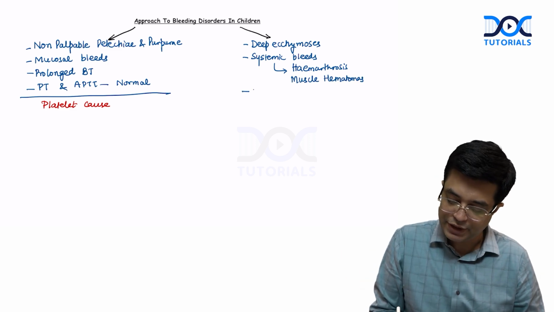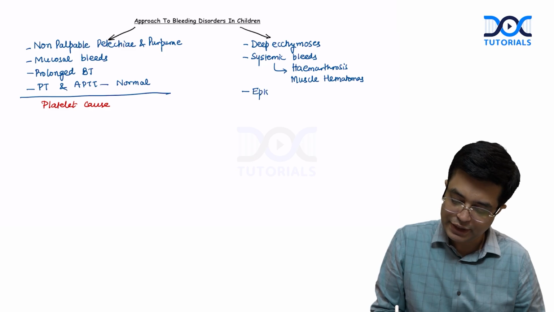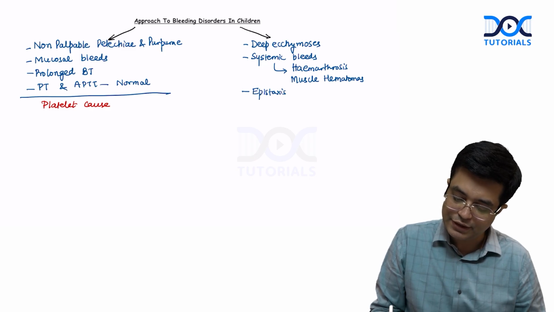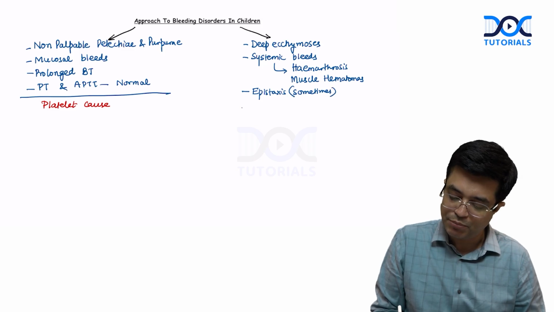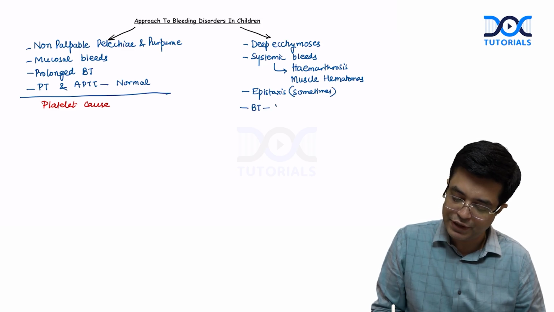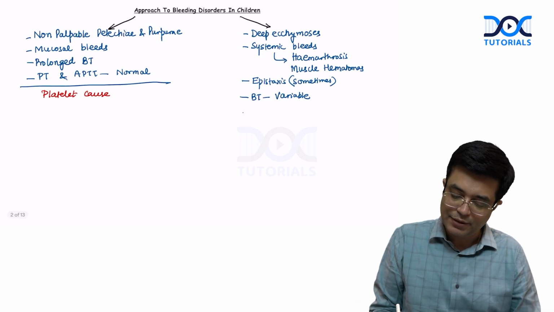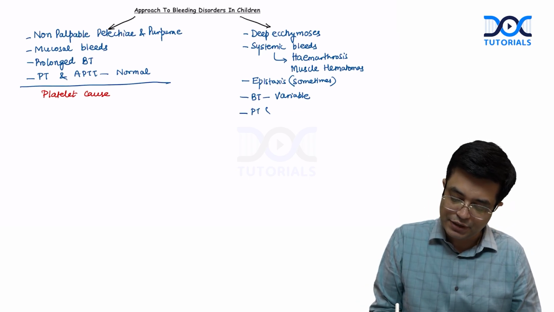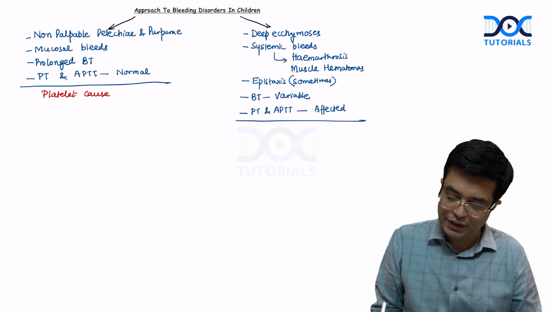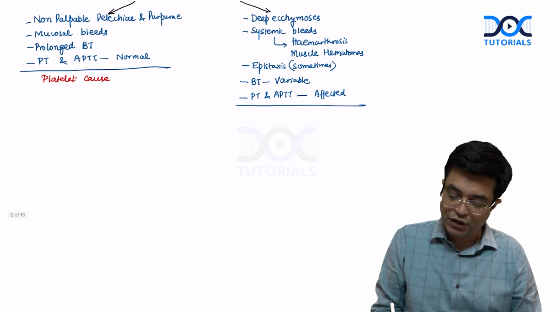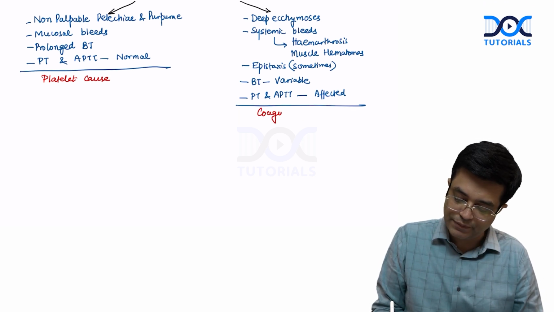They may have epistaxis in a few patients. Sometimes epistaxis will be present. Bleeding time in these patients will be variable. Variable means it may be increased, it may be normal, and PT and APTT are affected. In such patients, you will think that the child is suffering from a coagulation cause of bleeding.